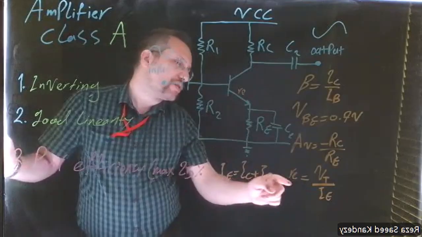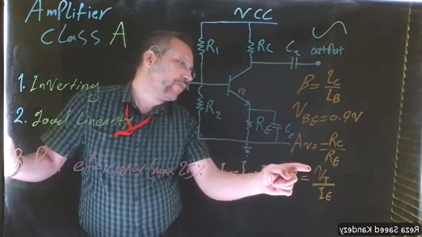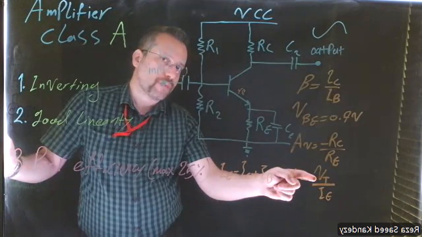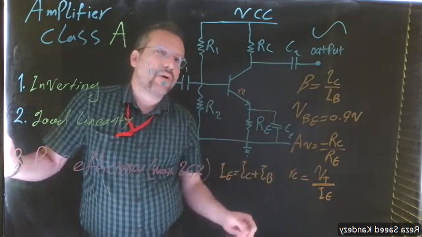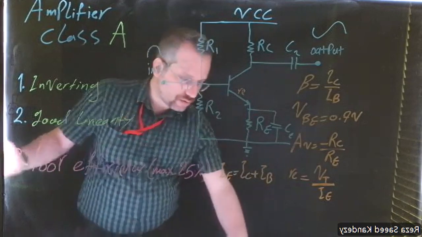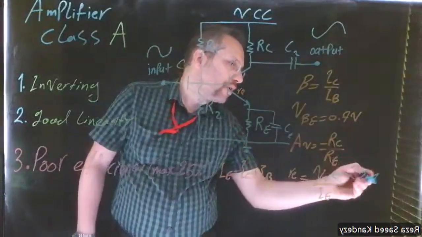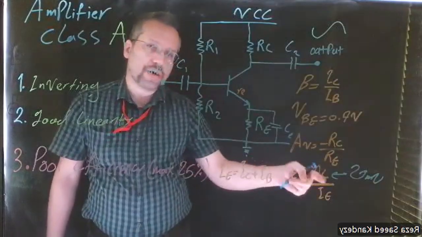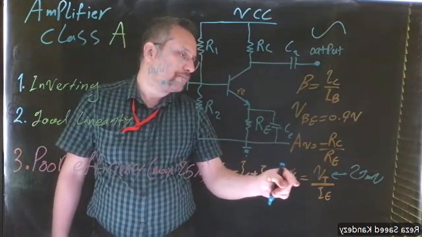It's normally constant, around 25 millivolts, and in the denominator you can see IE. This is Ohm's law: IE defines the RE.